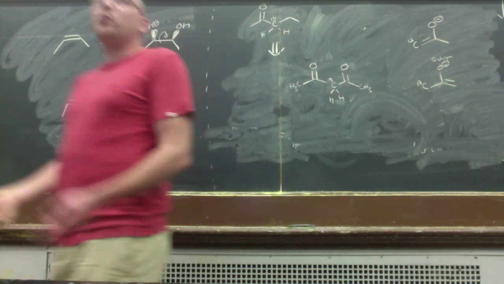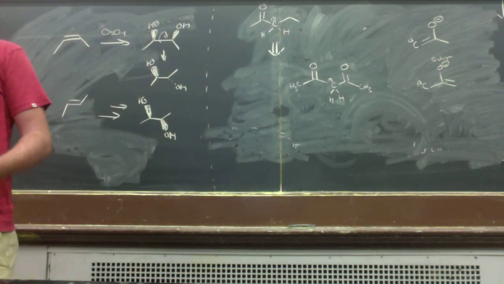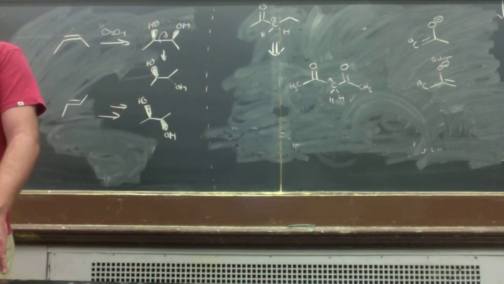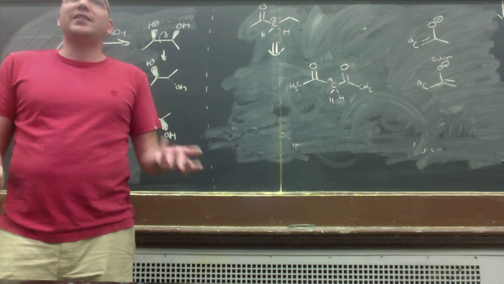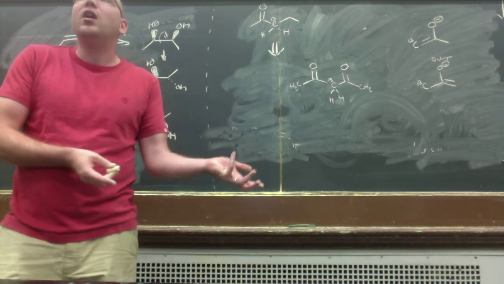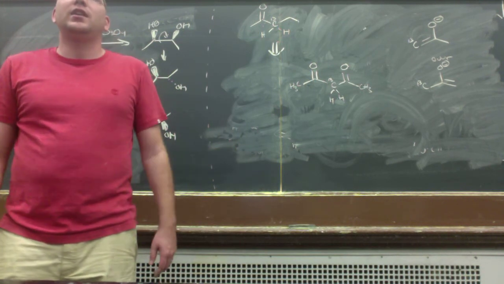Depending upon which enolate you make, you're going to run into this issue. Because they're going to come from acetone, but then you've got to deprotonate one side over the other. And I think that's where you'd run into the problem.